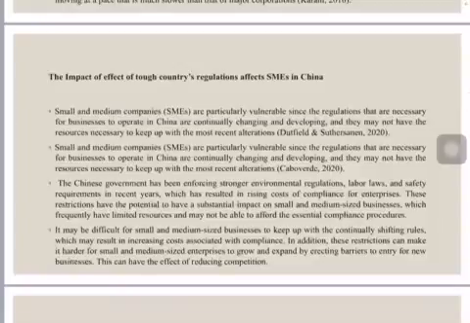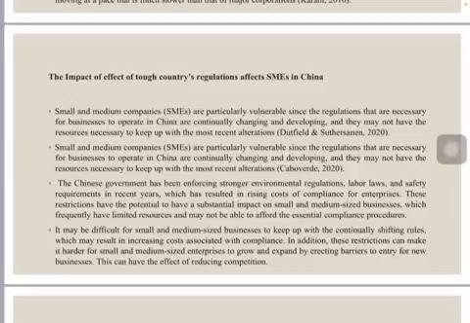And the next is about the impact of tough countries' regulations on SMEs in China. SMEs are particularly vulnerable since the regulations that are necessary for businesses to operate in China are continually changing and developing, and they may not have the resources necessary to keep up with the most recent arrangements.